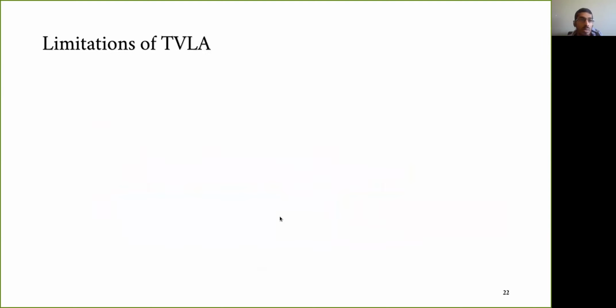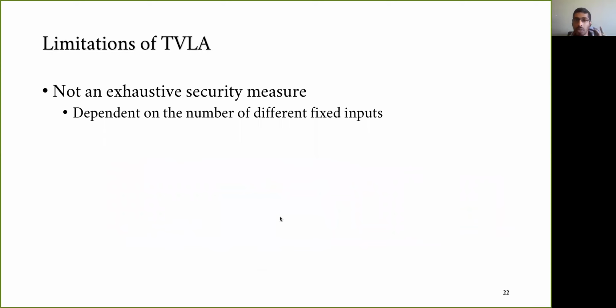So let us see some limitations of TVLA, because we need to be sure that what we are doing is correct, and we don't want to have a false sense of security from looking at the results of TVLA. The first one is that TVLA is not an exhaustive security measure.